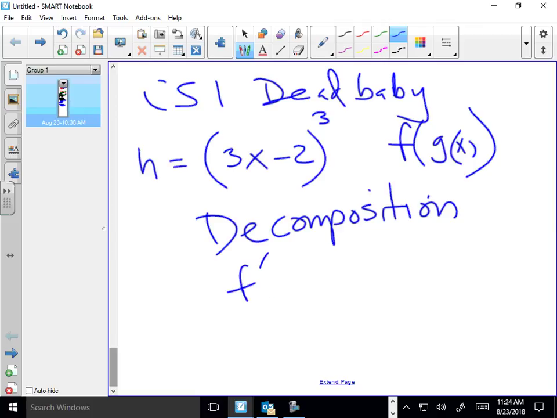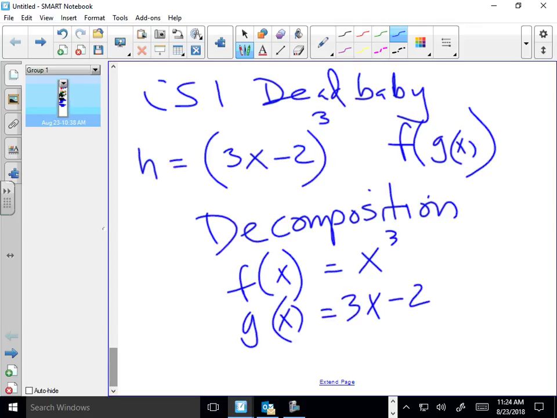If I make f of x, x to the third, and I make g of x, 3x minus 2, I can take this g of x and plug it inside the x's of f of x. So I take this and I put it in there. Will it look like that? Sure.